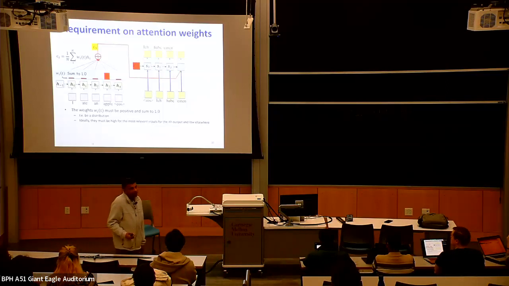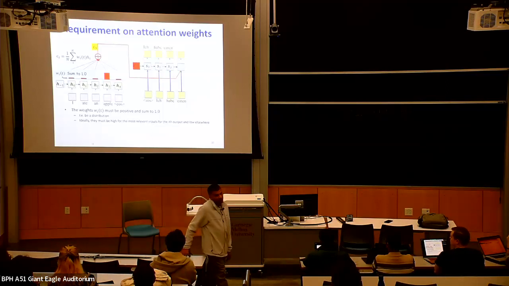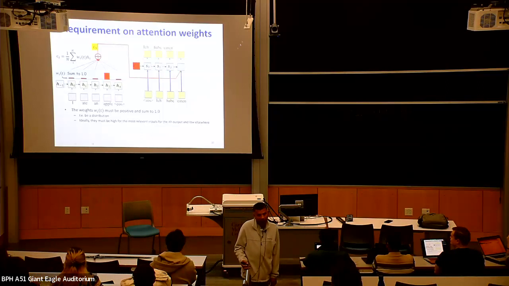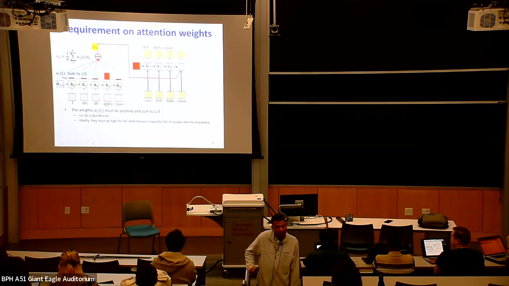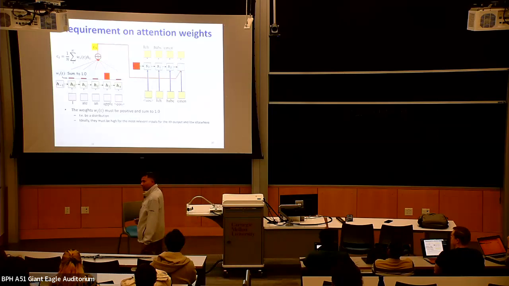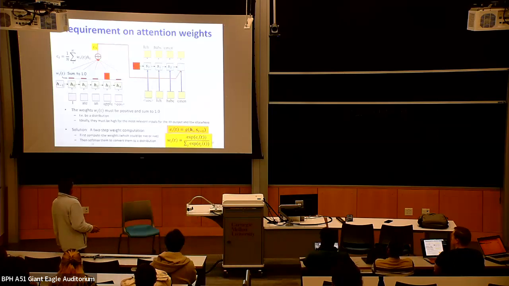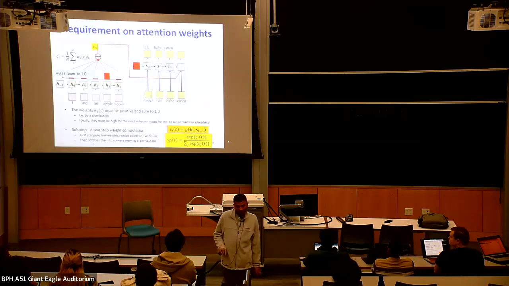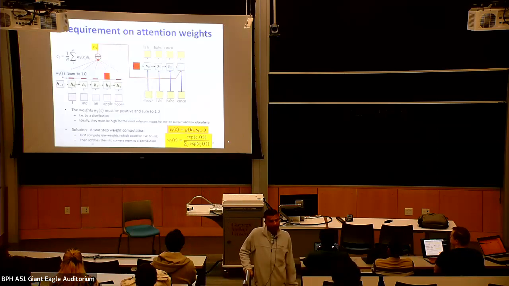Now, what kind of function will give you a bunch of weights that are positive and sum to 1? A softmax, right? So basically you want the weights to be a distribution and to somehow highlight the appropriate words on the input side. The way we do it is a two-step process. In the first step, we compute a raw weight for each of the terms on the input.